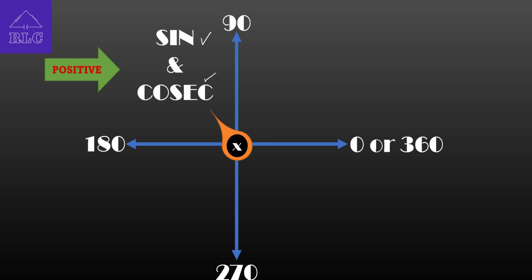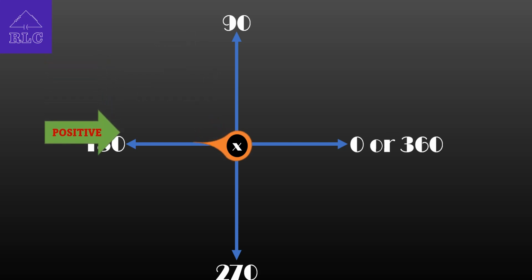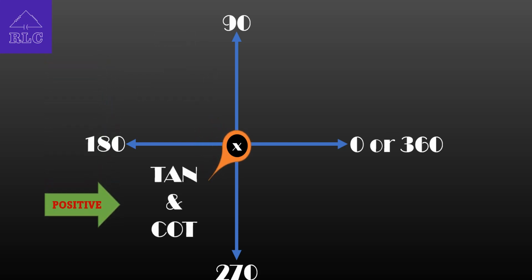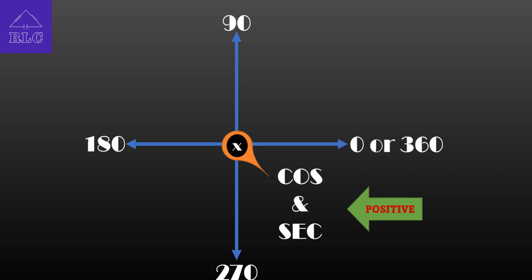Next, we'll move to the third quadrant. In the third quadrant, only tan and cot functions are positive. Remaining functions are negative. Similarly, in the fourth quadrant, the last quadrant, cos x and secant x are the only positive functions.